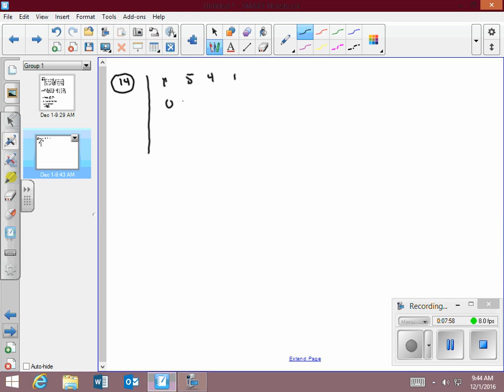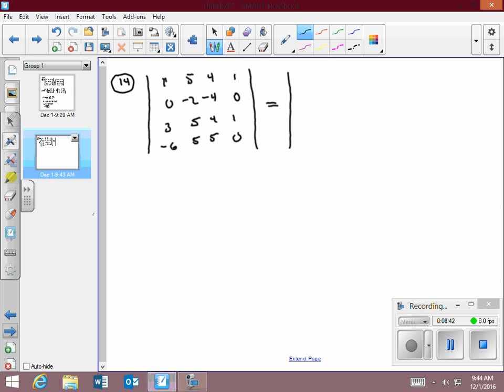0 minus 2 minus 4, 0, 3, 5, 4, 1, 6, 5, and a 0. I think I'm going to try to get a diagonal so that I have zeros below the diagonal.